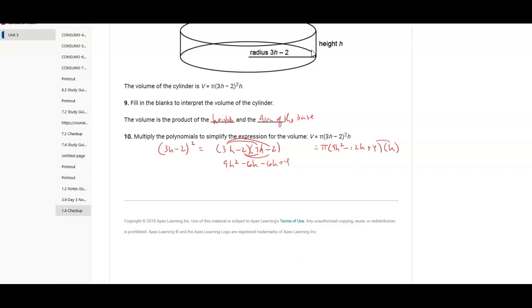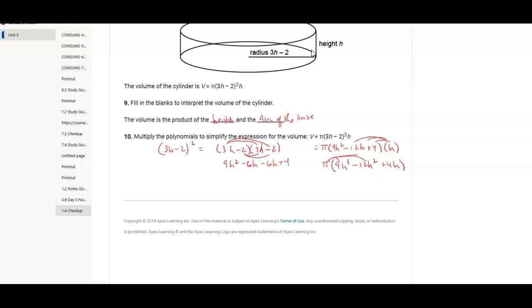So now if I distribute this h this way, it's going to be pi times 9h squared times h is 9h to the third. Negative 12h times h is minus 12h squared. And then 4 times h would be 4h.